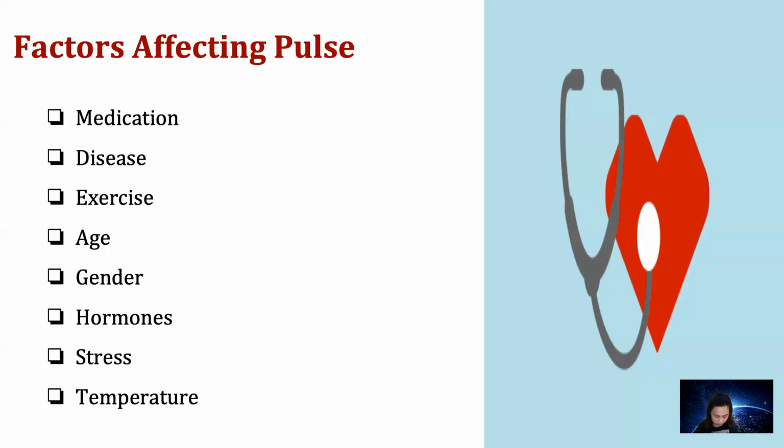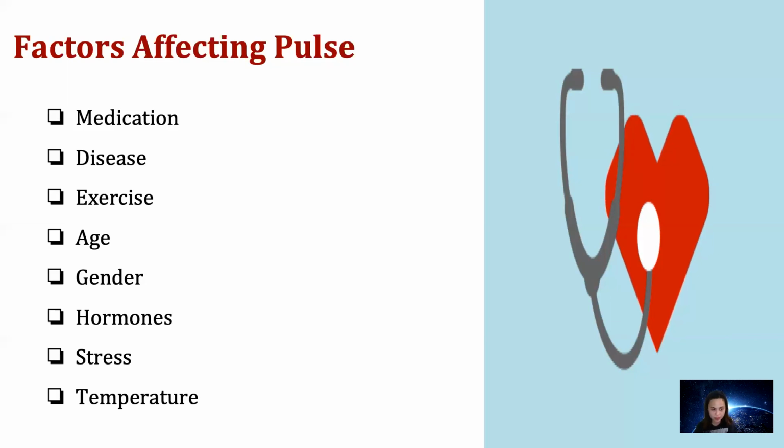Kaya nga sasabihin mo sa pasyente bago ka mag-check ng pulse, "Ma'am, sir, meron ba kayong ginawa bago kayo pumunta dito? If meron, dapat mag-rest muna po kayo ng 30 minutes before tayo mag-check to make sure na accurate yung makukuha nating result." Age, mas mataas ang pulse rate ng bata kesa sa matanda. Okay? Mas mabilis ang pagpulso nila.